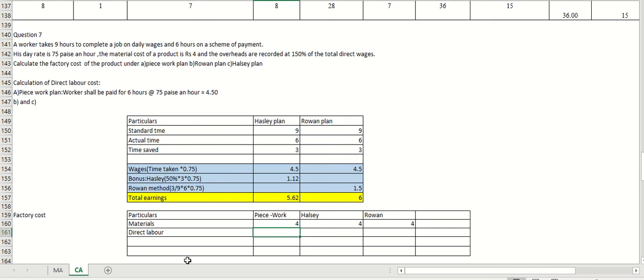Under direct labor, for the piecework we have 4.50, which we calculated. Under the Halsey method, it is 5.62, and under the Rowan method, it is 6, which we calculated. Now your factory overheads.